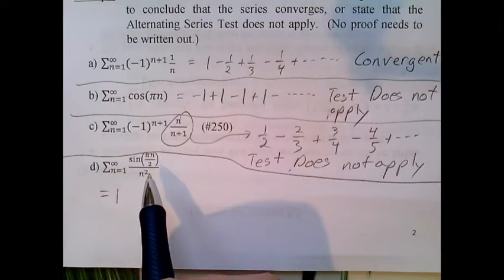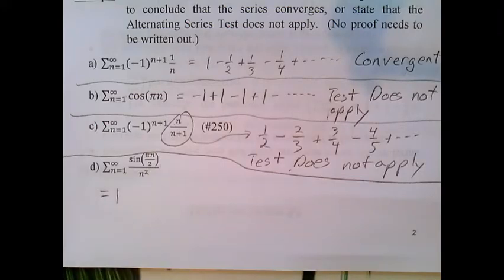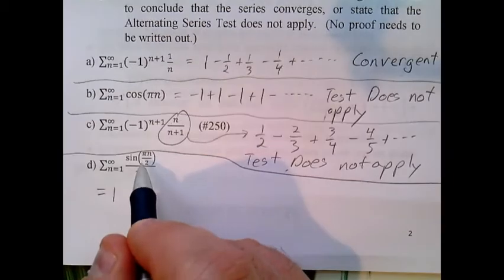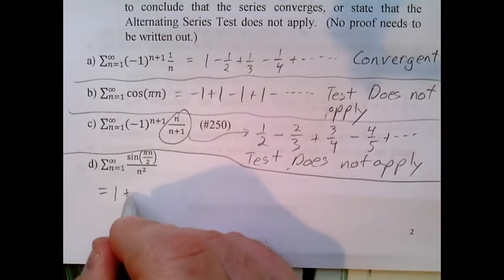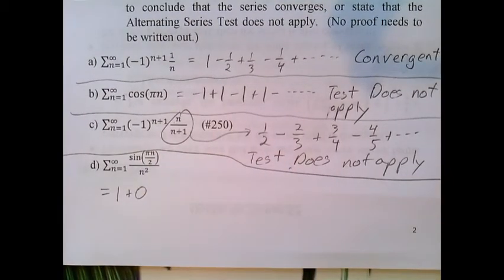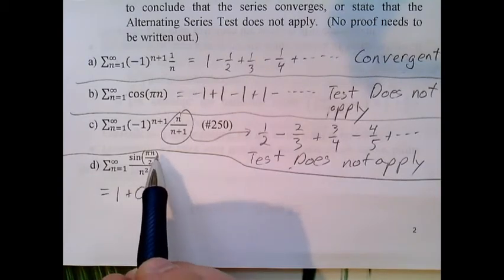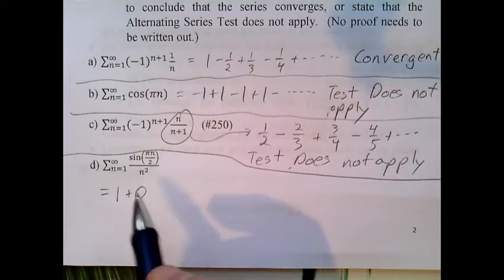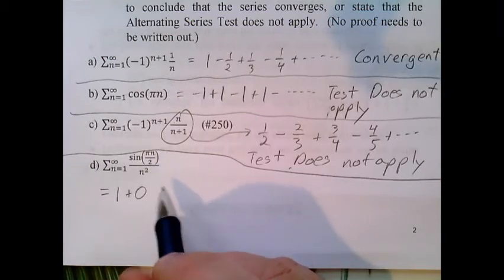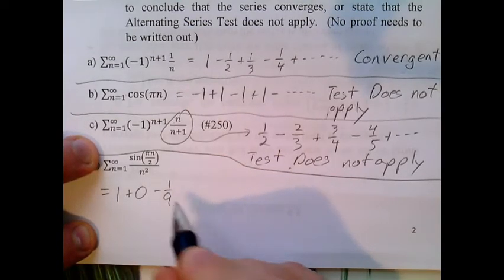Sine of pi is actually 0. When n is 3, we'd get sine of 3 pi over 2. Sine of 3 pi over 2 is -1 over 3 squared, so that'd be -1/9.